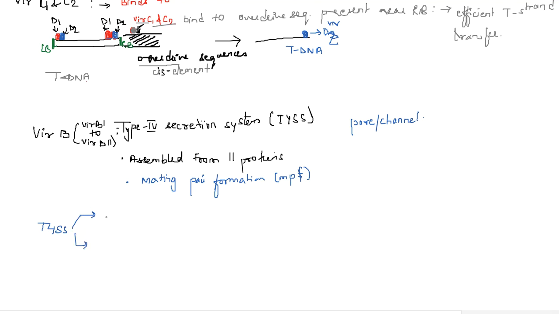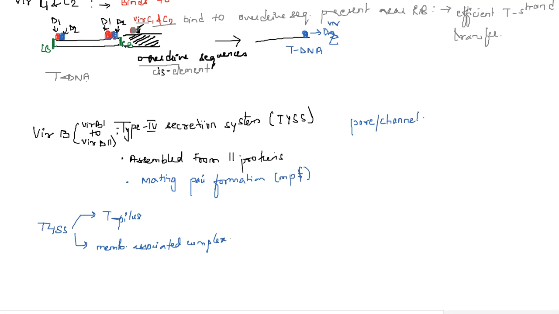One is the T pilus, which helps in the conjugation process, and another is the membrane associated complex. It will help in translocation of this tDNA into the host cell, right?